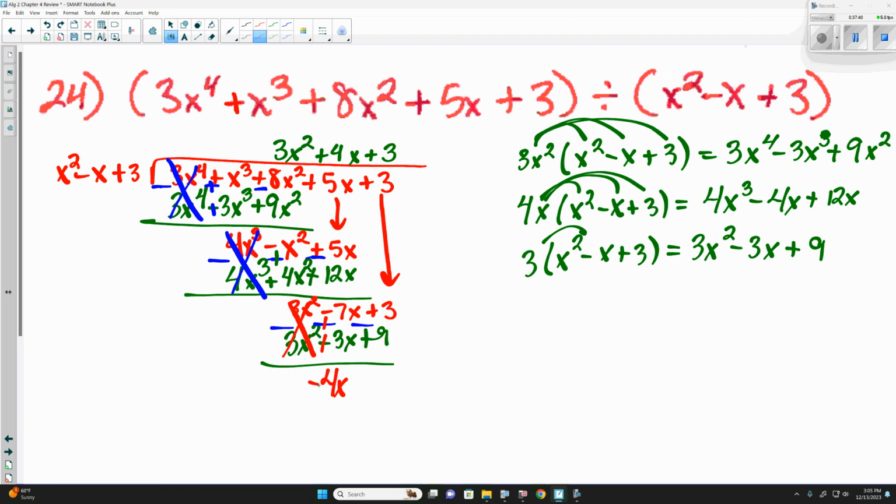And our 3 minus 9 is negative 6. We don't have any other terms to bring down. So this is our remainder, and we would add it back. So our negative 4x minus 6 over our x squared minus x plus 3. And that there would be the final answer.